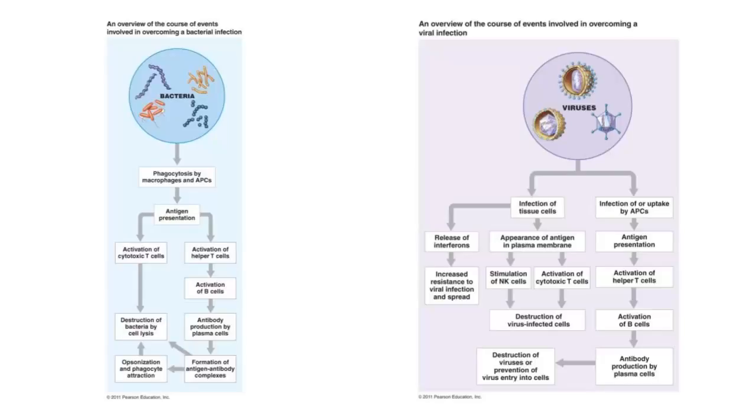Now, on the right hand side, looking at the virus, you can see that the virus needs to infect the tissue cells and uncoat itself and start using the cellular processes to make new viruses.